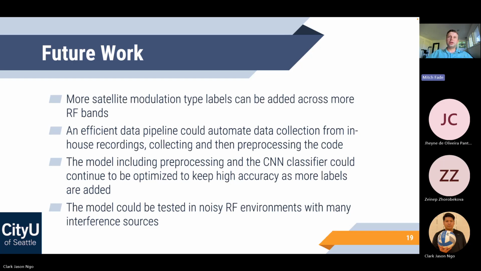And then be able to make improvements to the model as the number of labels grows. And then also the model could be tested in noisy RF environments where there are many interference sources. Next slide.